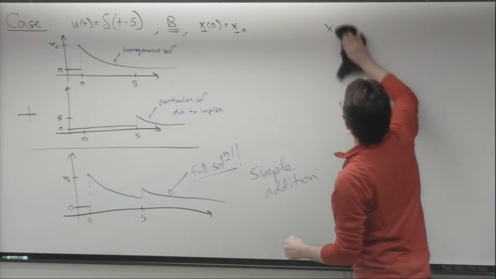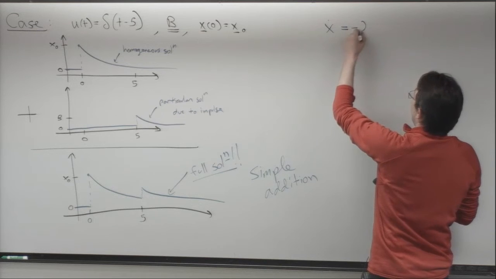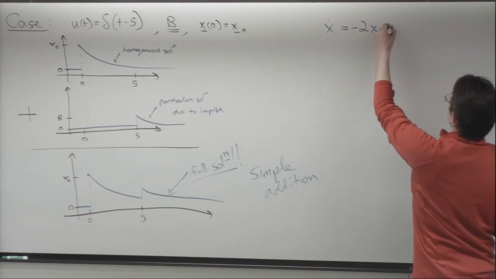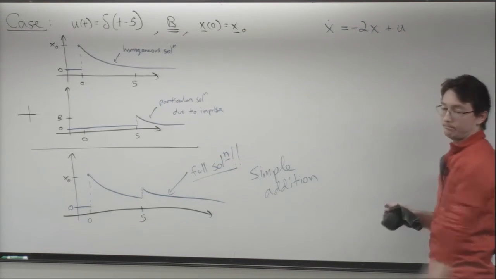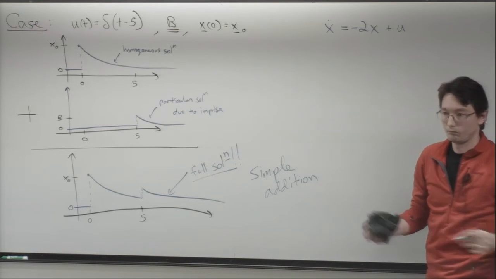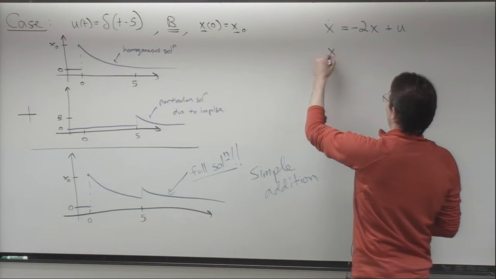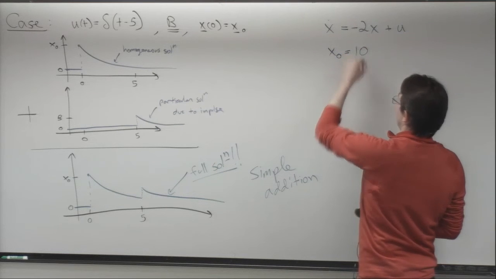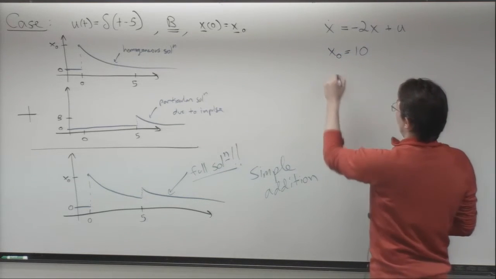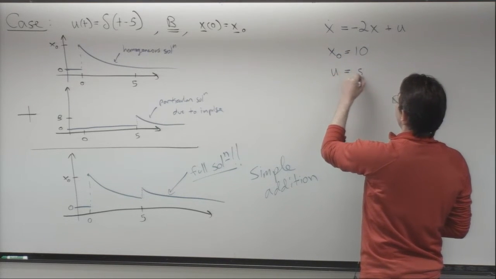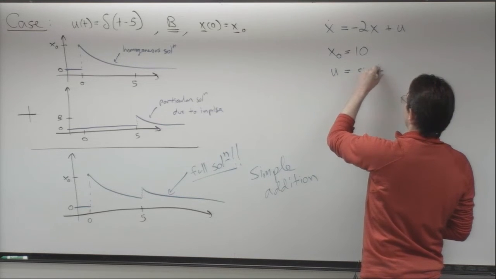Let's make it a little simpler. x dot equals minus 2x plus u, and x naught equals 10, and u equals sine t.